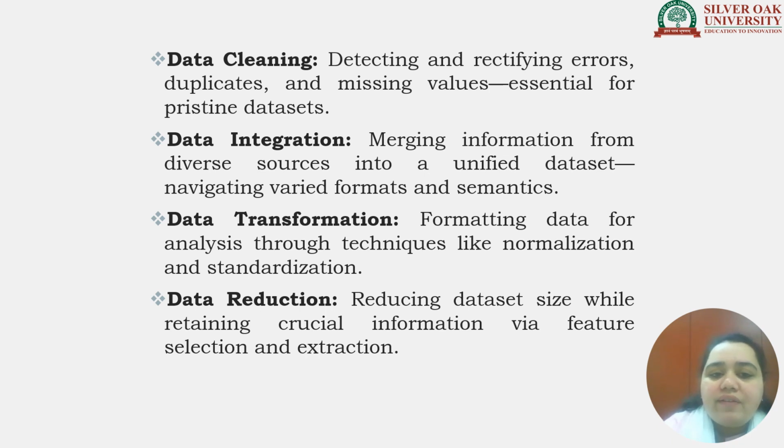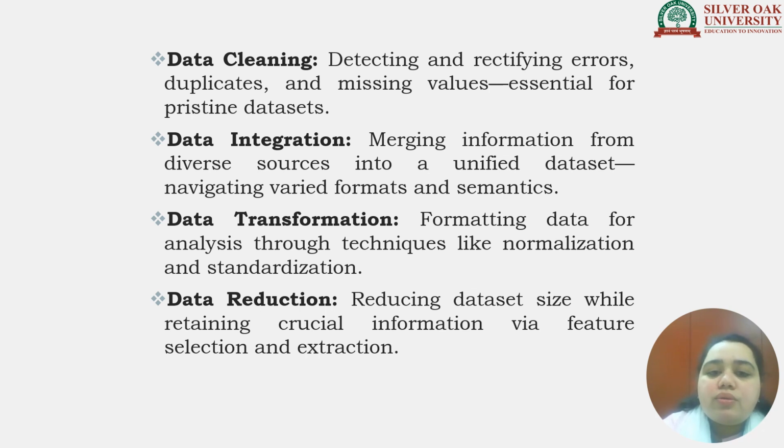The fourth we have is data reduction. Reducing data sets while retaining crucial information via feature selection and extraction is known as data reduction, which means if we have taken data, to process it we may need to reduce it. It might be possible that the size of the image is very large.